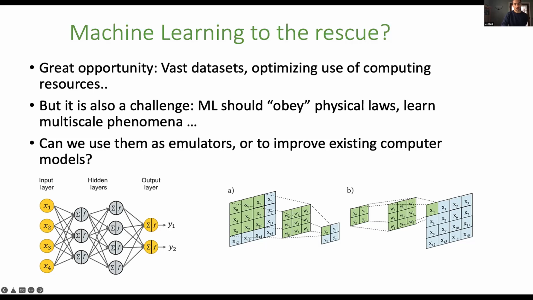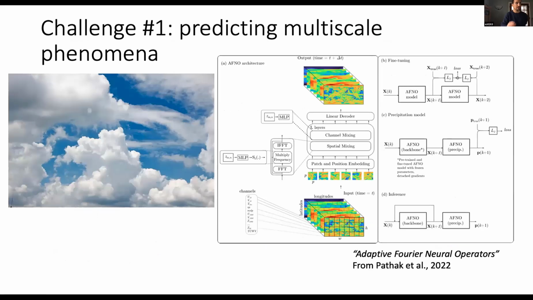So I'm going to give you two examples of why it is difficult to apply this to climate. The first challenge is the multi-scale nature of some of the processes computed in climate models. For example, you can think of the clouds during a sunny day. The problem is not like classifying images of cats and dogs.